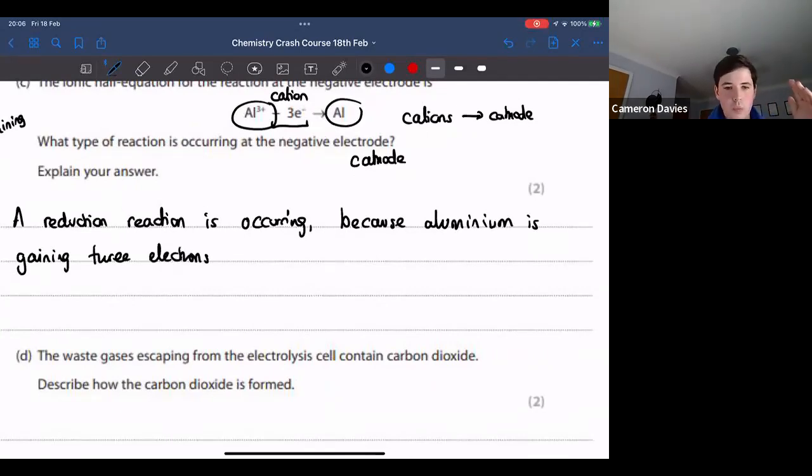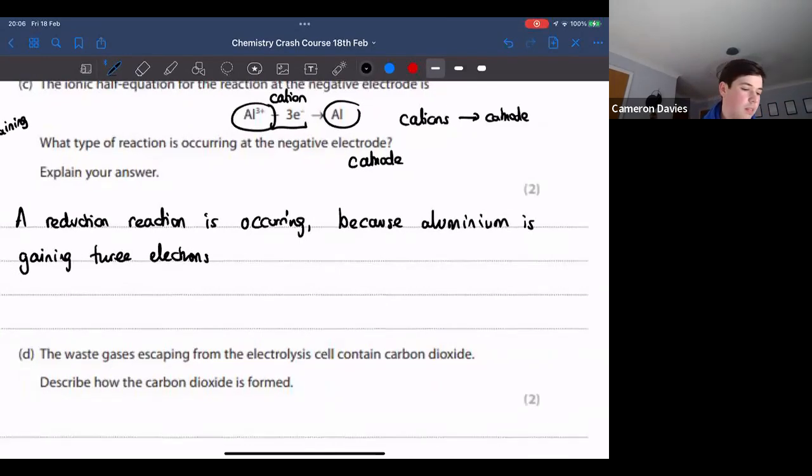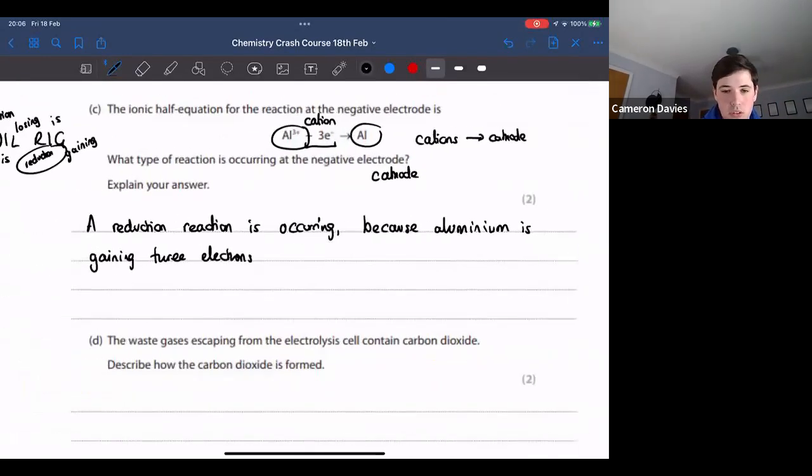And that's it. So the first mark would be for saying that there's a reduction reaction. The second would be for explaining that that's because you gain 3 electrons.